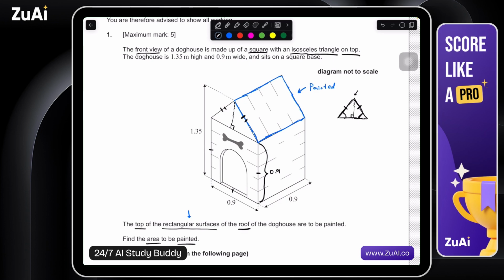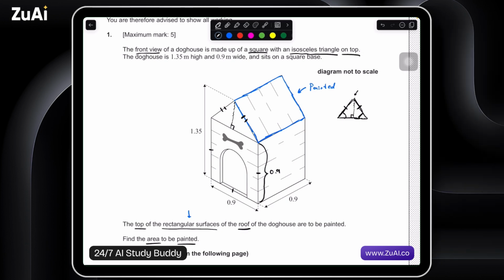Okay, so there's a fair bit of information presented here. Another way to work this out is, if we just want to find this rectangular surface on top, we can ask what we would need to find it. Well, the area of any rectangle is just length times width.